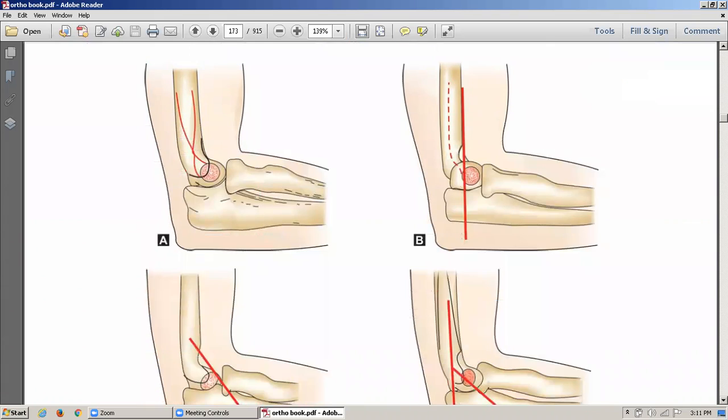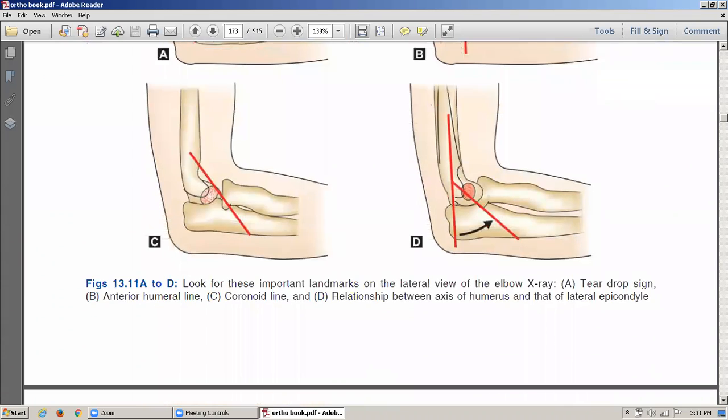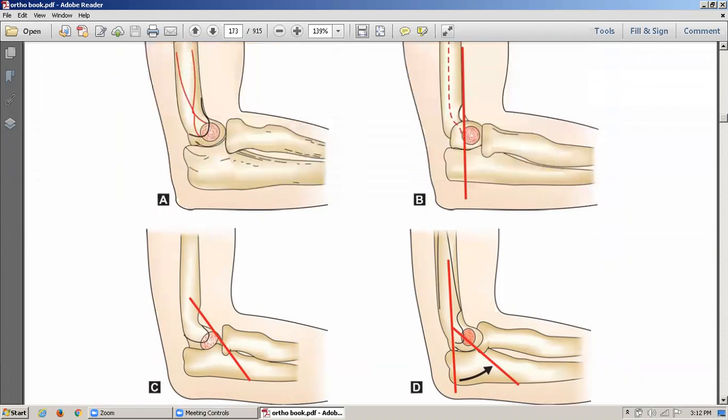So these are the signs, look for these important landmarks on the lateral view of the elbow in X-ray. The first is the teardrop sign. Here, this is a teardrop sign.